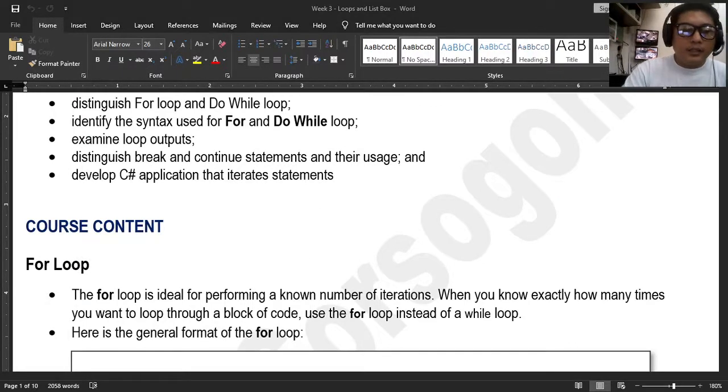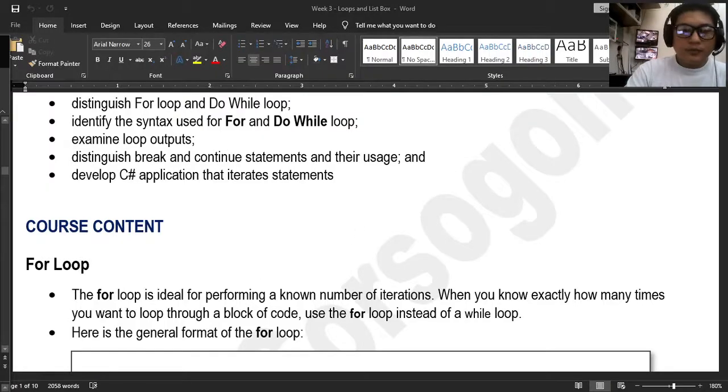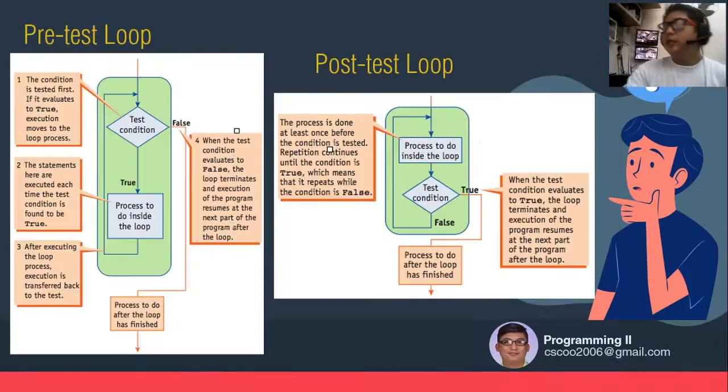Now, there are several types of loops. Let us focus on that. In looping, we have what we call pre-test and post-test loops. In pre-test, the condition is tested first before execution of the task. As you notice, mostly we use the while loop and for loop for this.